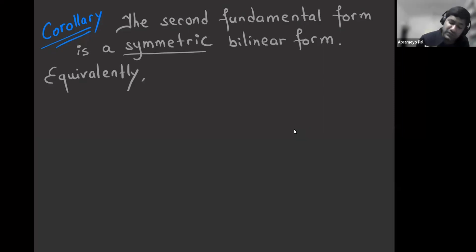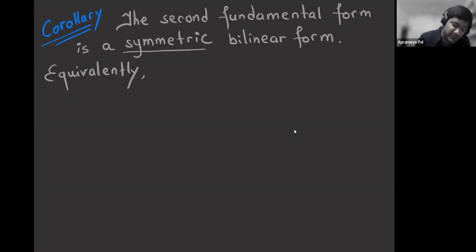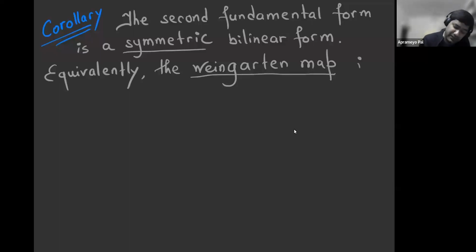how did we define the second fundamental form in this way? This was the inner product between the Weingarten map and some other vector W. So when that inner product is symmetric, that means equivalently the Weingarten map, spell it out, so equivalently, the Weingarten map is self-adjoint.